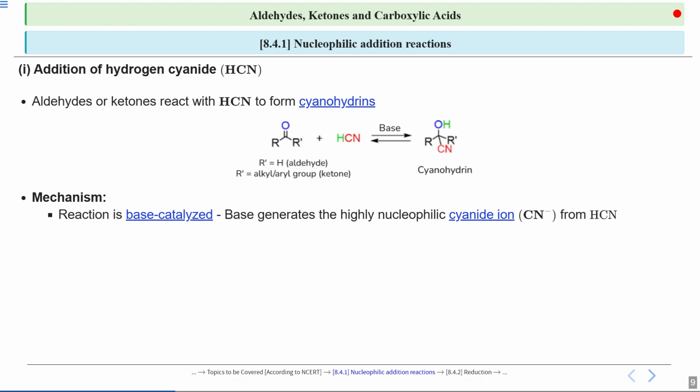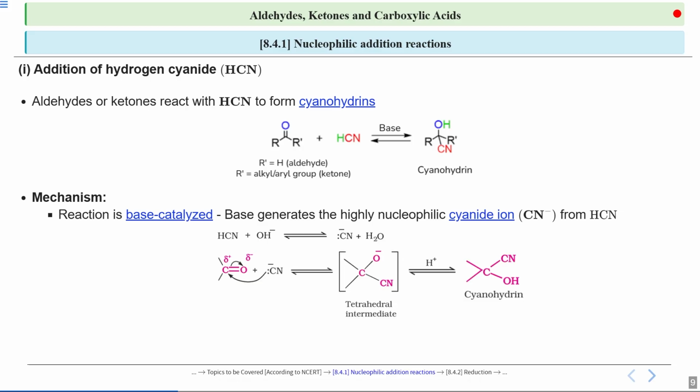The mechanism of this reaction is base catalyzed. HCN is a weak acid, which means a base can help speed up the reaction by generating a cyanide ion, CN minus. So a base helps you generate the cyanide ion from hydrogen cyanide.